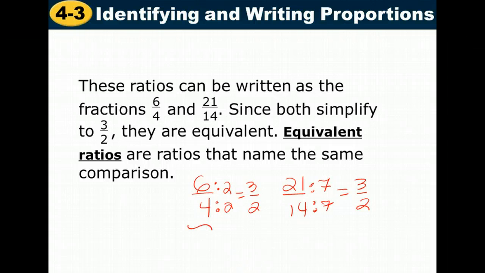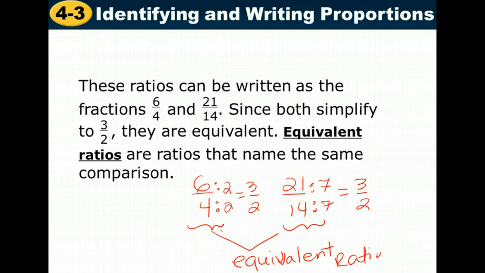So that means 6 to 4 and 21 to 14 are called equivalent ratios. Again, remember that equal means the same. It's really similar to fractions, but now we are talking about ratios, so we have to say equivalent ratios, but it's the same thing that we do for fractions.